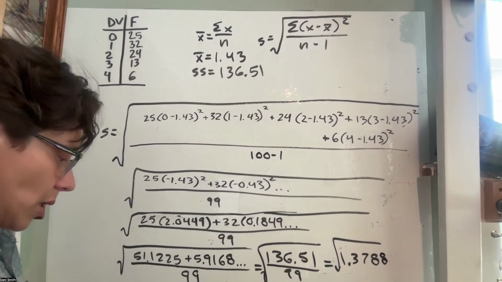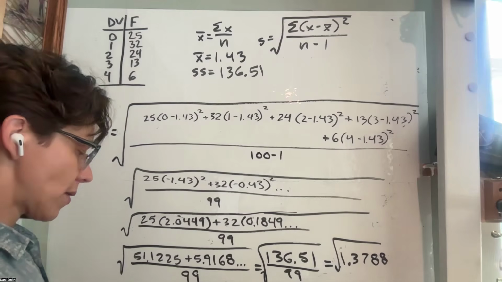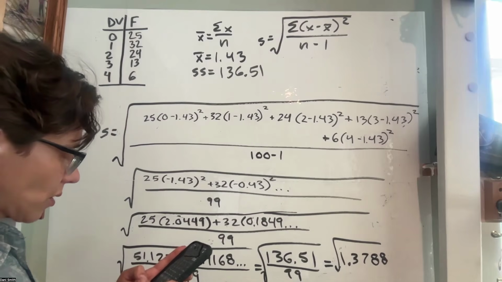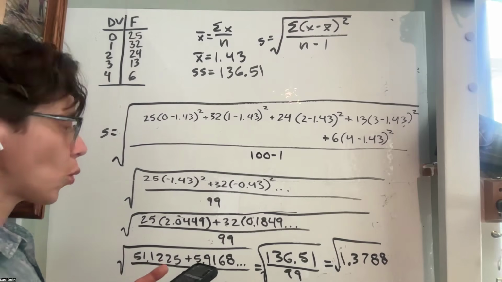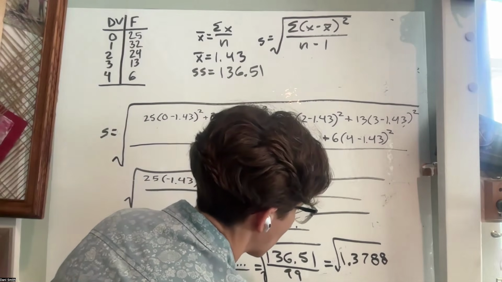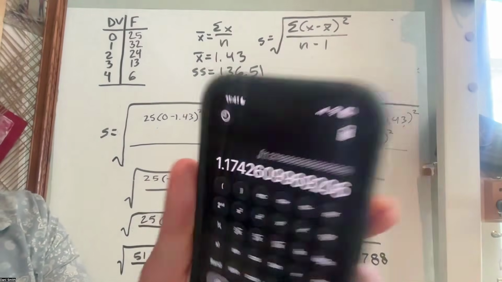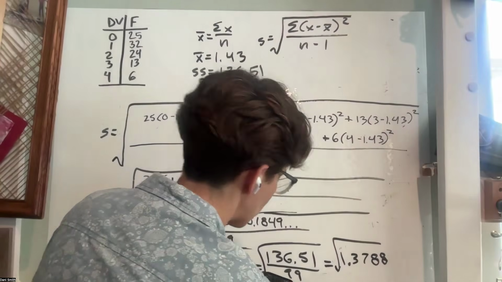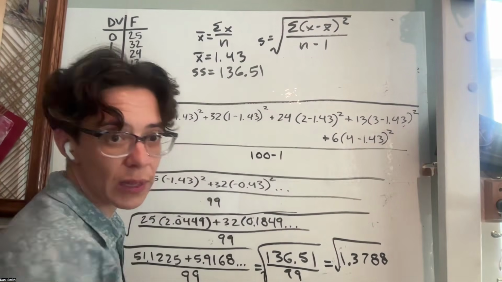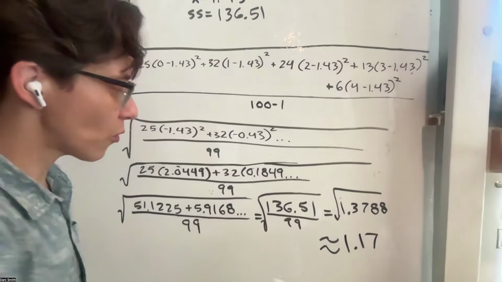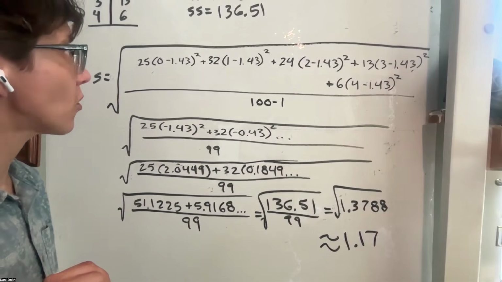Hold on, I'll retype that in: 136.51 divided by 99, take the square root, and really you get 1.174 craziness, but I'm going to put 1.17, and I have the little squiggly symbol there to show you that it's approximately equal to and not exactly equal to.